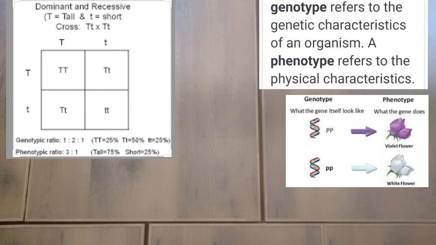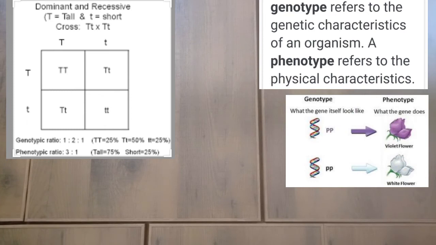So, the phenotypic ratio here is 3:1. That means 3 tall plants to 1 short. While genotypic means genetic difference. So, the genotypic ratio here is 1:2:1. So, 1 pure tall to 2 hybrid tall to 1 pure short.